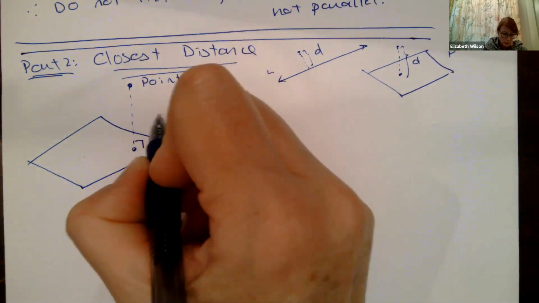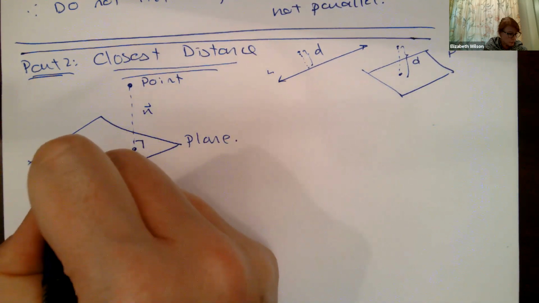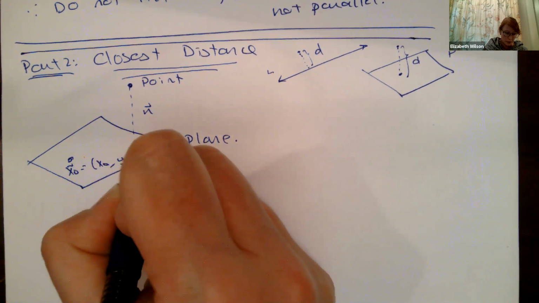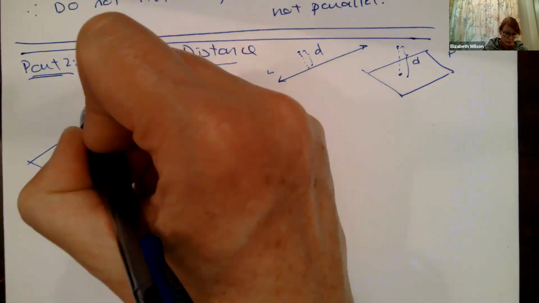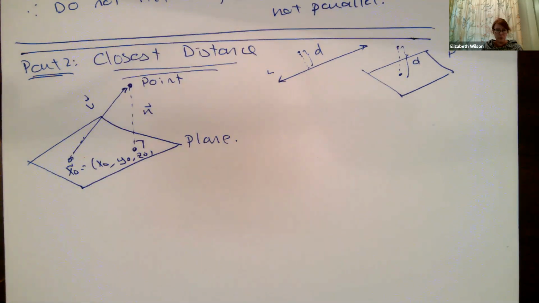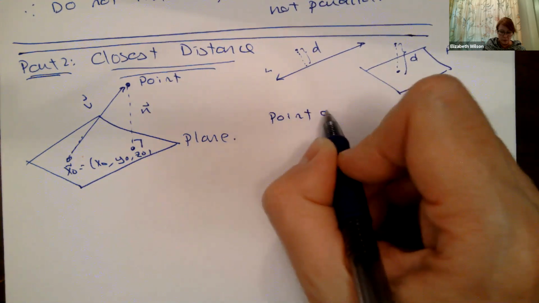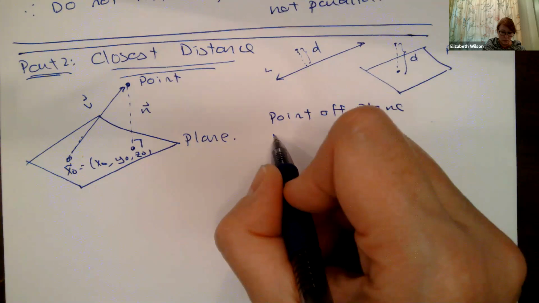So this is my normal vector. And then I have some point on the plane, x naught, y naught, z naught. From here, I can come up with a vector. So we've got this closest distance from a point off the plane, and you must check that, to a plane.